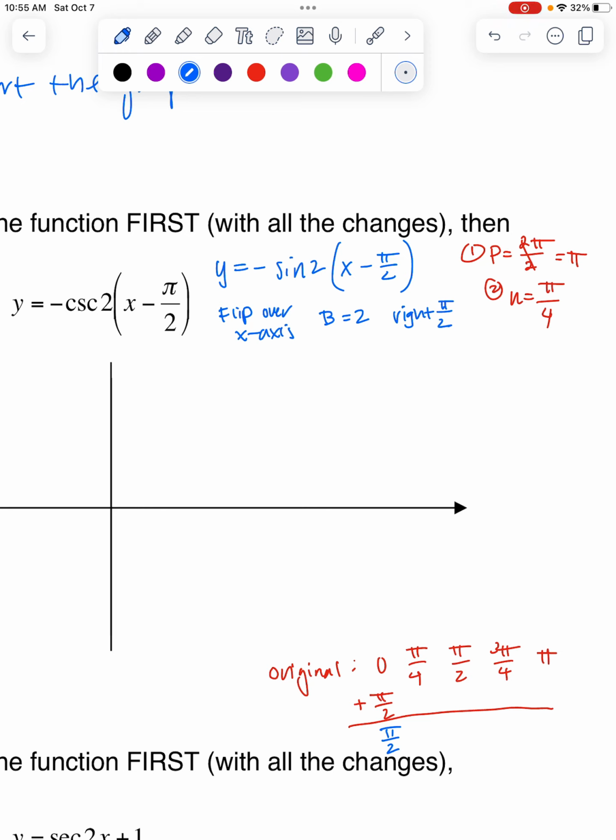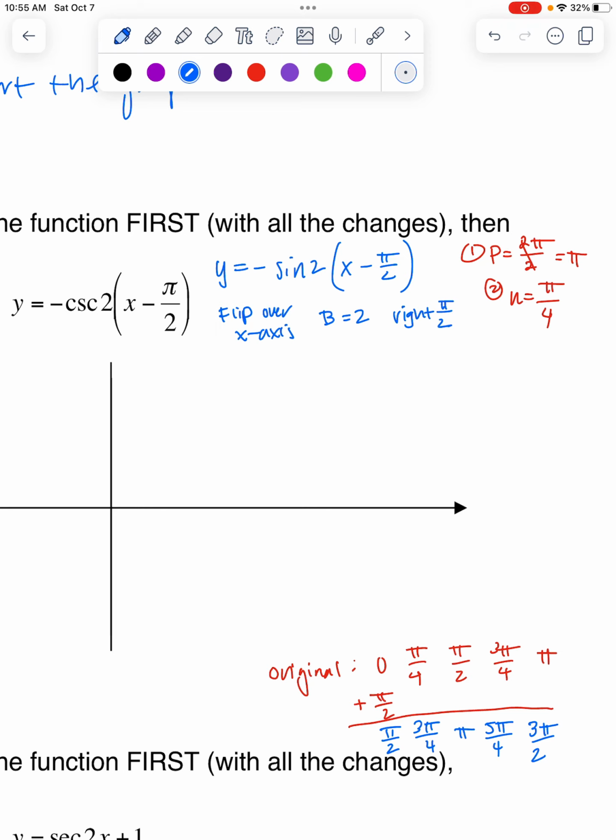I have pi over 4 plus pi over 2. This is going to boil down to 3 pi over 4. I have pi over 2 plus pi over 2. This is just pi. 3 pi over 4 plus pi over 2 is 5 pi over 4. And I have pi plus pi over 2. This is going to give me 3 pi over 2.